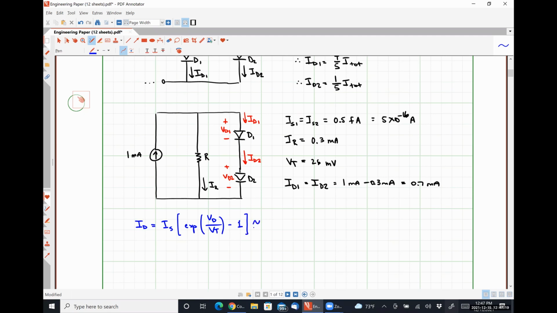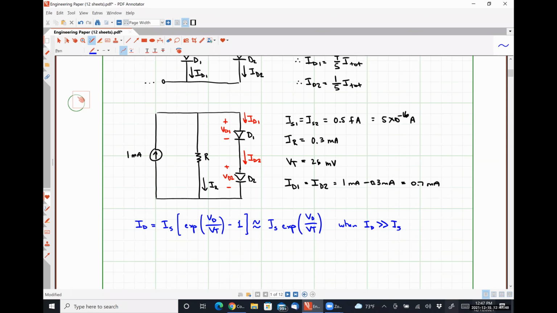This equation simplifies to IS exp(VD over VT). Effectively, we're throwing away the minus 1 bit when our diode current ID is much greater than our saturation current.